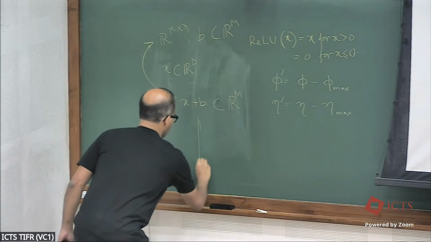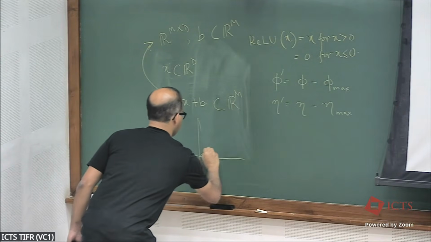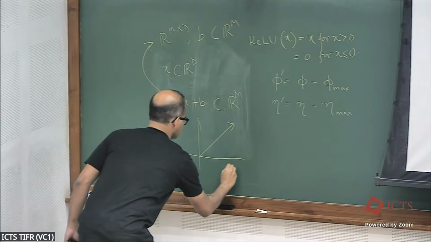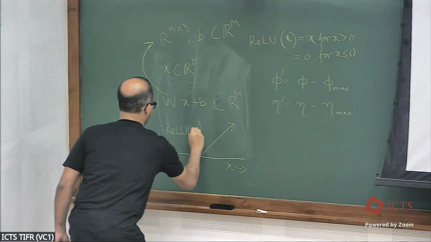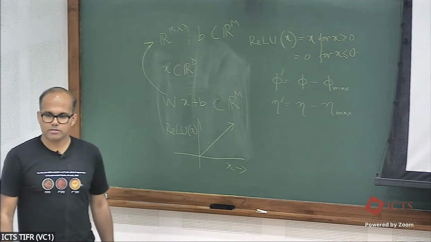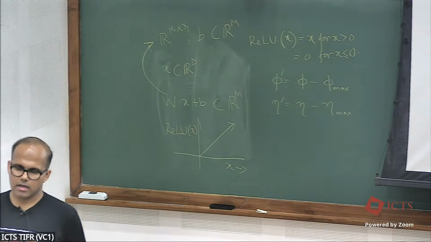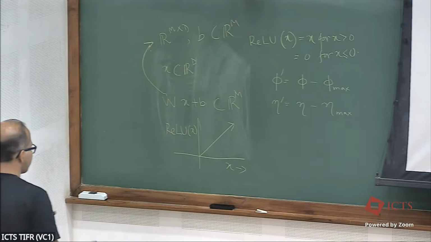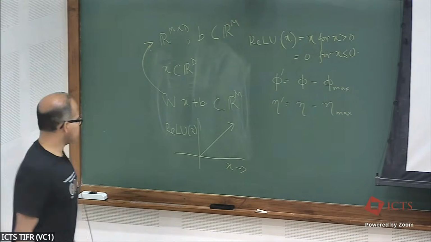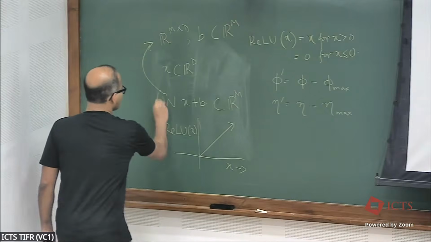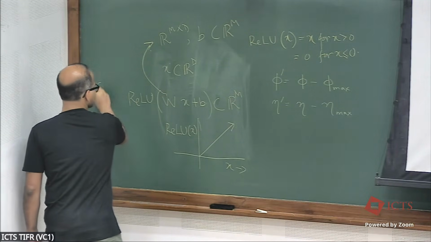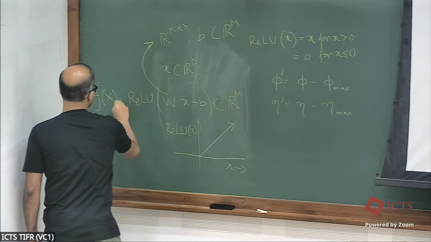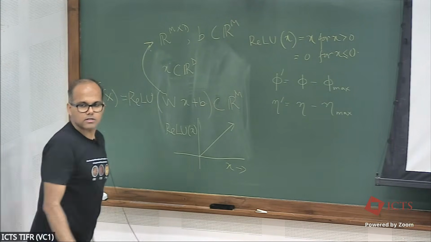If I draw it, here is the function. Now, this is a nonlinear function. So now you have applied a filter which is nonlinear. If you pass this through a ReLU, then this is a basic construction, and this is my definition of f(x). Then this f(x) is a nonlinear function.